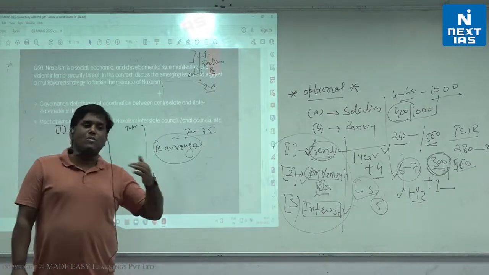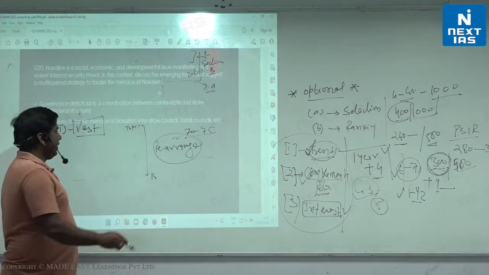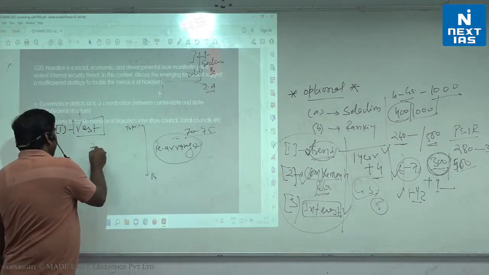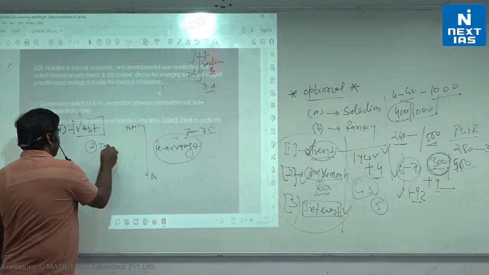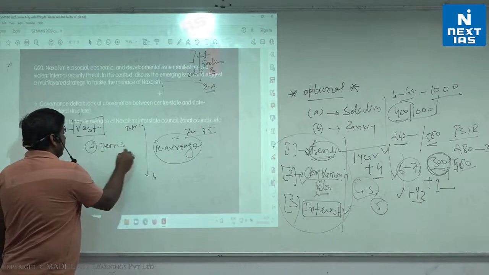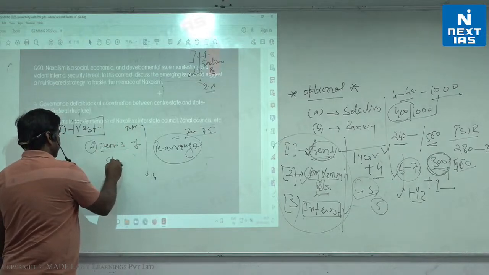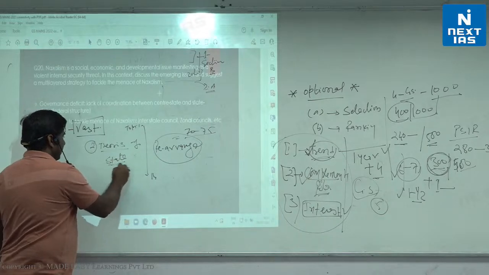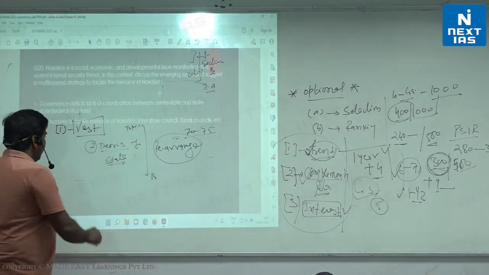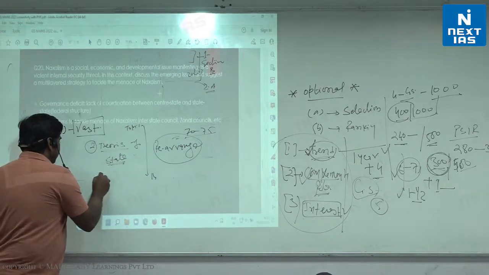Now, how to rearrange, I am talking about. Like in PSIR, topic number 2 is giving you some examples like theories of state. There is one more topic of ideologies.